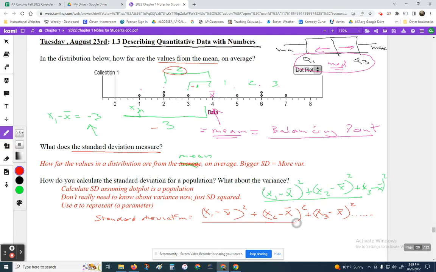And we're going to divide that by n minus 1. Here's the trick, though.